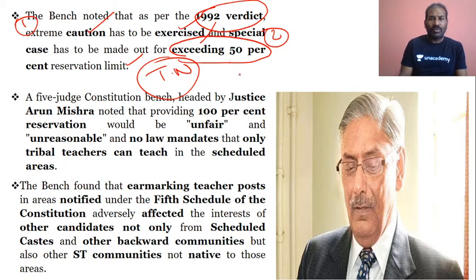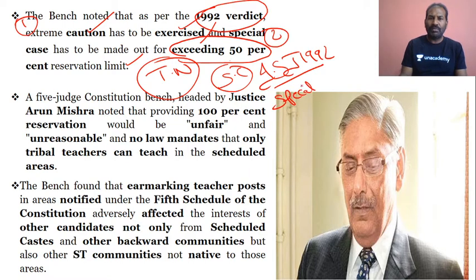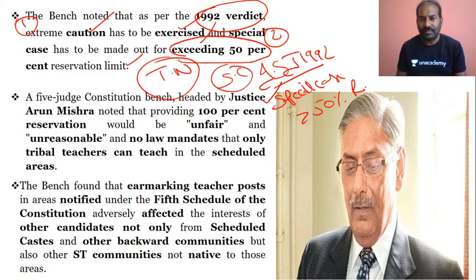So now when the Supreme Court has taken into consideration the Indira Sawhney judgment of 1992, wherein it also emphasized that a special case has to be made whenever there is greater than 50 percent reservation, what is the point mentioned in the 1992 verdict?